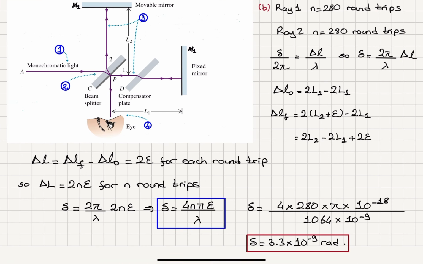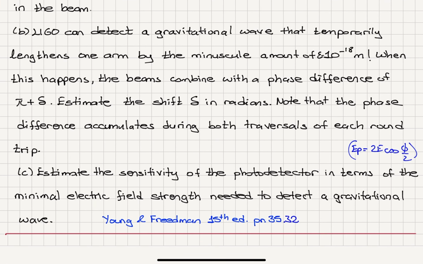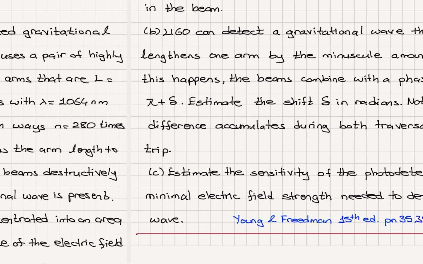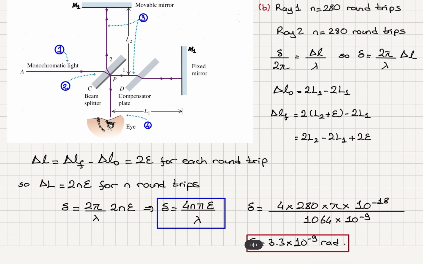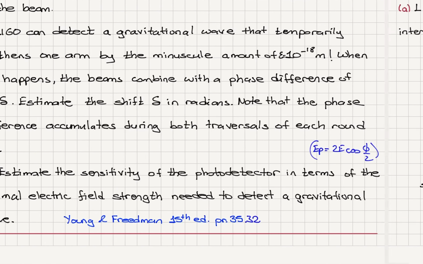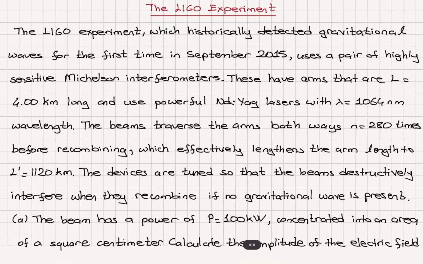Okay, so let's summarize what we did here. Remember that we're using a neodymium YAG laser with lambda 1064 nanometers. The beams traverse both arms both ways 280 times before recombining at this point P, where we're looking. And the devices are tuned so that the beams destructively interfere when they recombine if no gravitational wave is present.